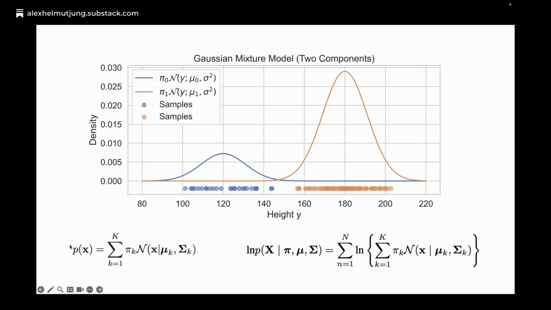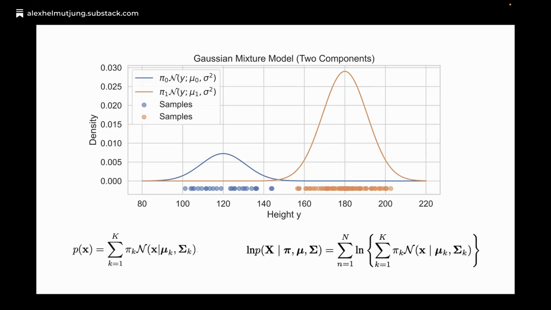Having these parameters of the Gaussians, we can then build a probabilistic model, which is characterized by this formulation here. It's a probability density function for a data point x, which is a weighted combination of each of the Gaussians. For example, in this case, we have two Gaussians. In addition to the mean and variance, we can see here that there is a coefficient that we use when computing this weighted sum. This is pi k for each component, for each Gaussian, and it's called the mixing coefficient.